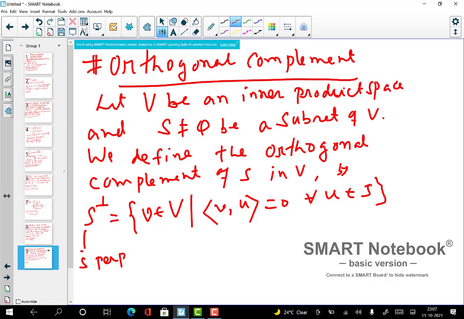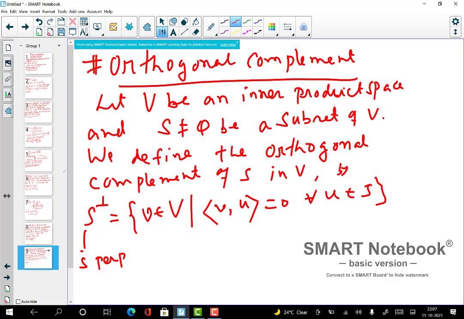Okay. So what does that mean? That means if you collect those vectors which are orthogonal to every vector of S, this collection is called the perpendicular or orthogonal complement of a given, any given set. Okay, whatever is the set. Okay.